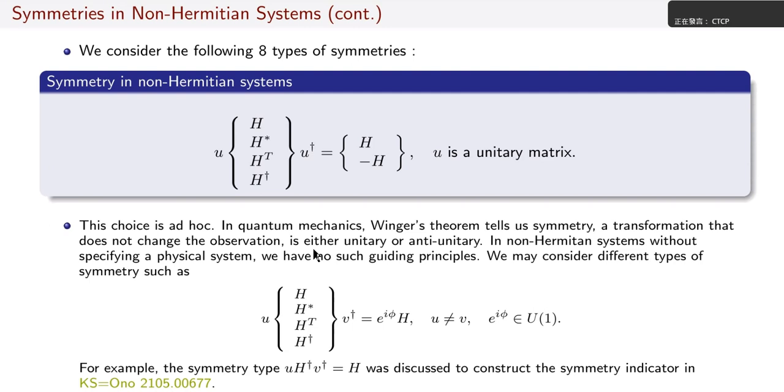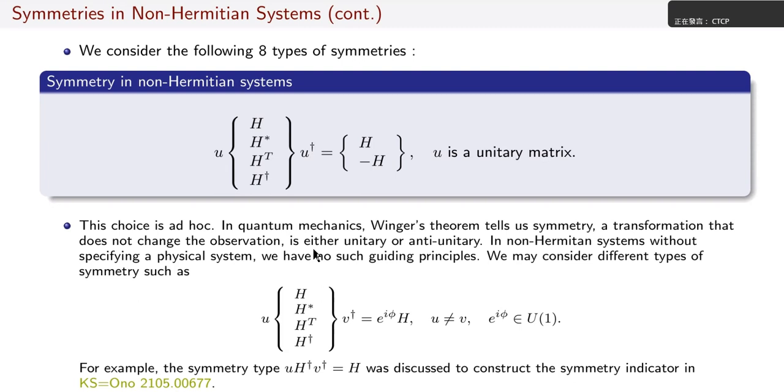First of all, the symmetry is characterized by some unitary matrix U, and we take the conjugation by U, I mean U and U dagger from left and right. And also I can choose 4 types of transformation of the matrix H: H itself, star, transpose, and dagger. And on the right-hand side I have 2 signs, plus and minus.